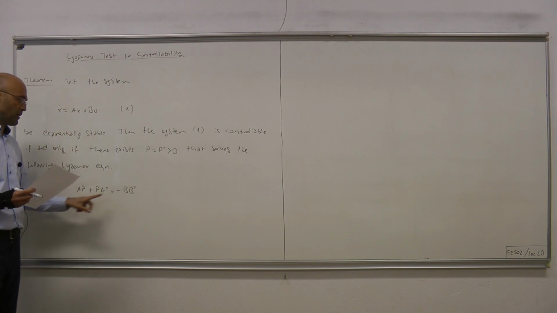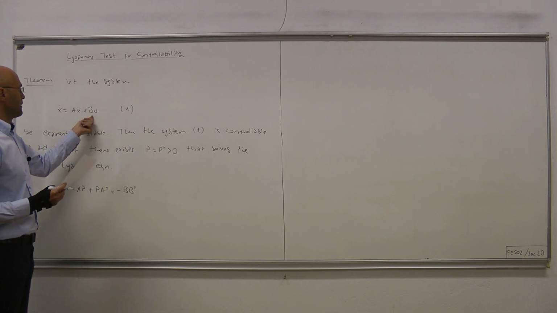Okay, A is the system matrix and B is the control matrix.